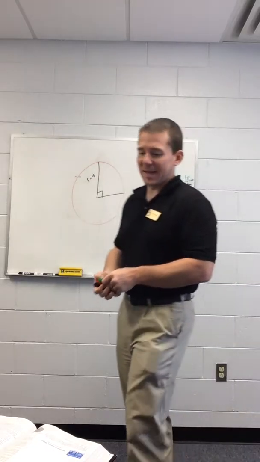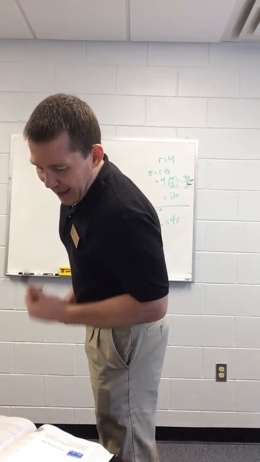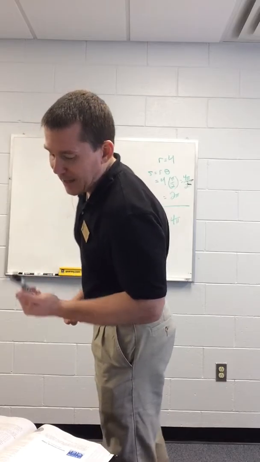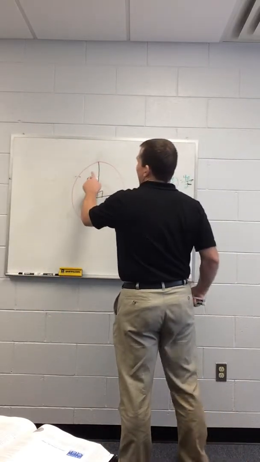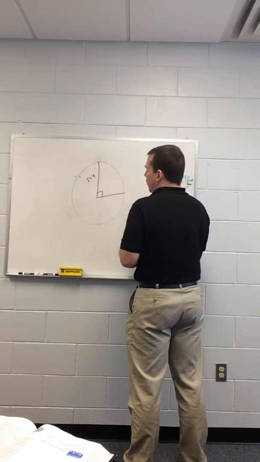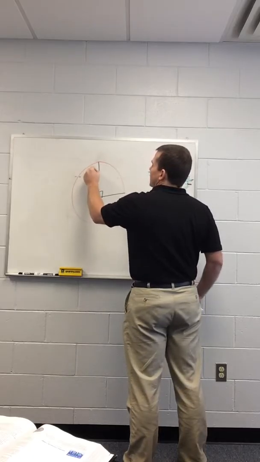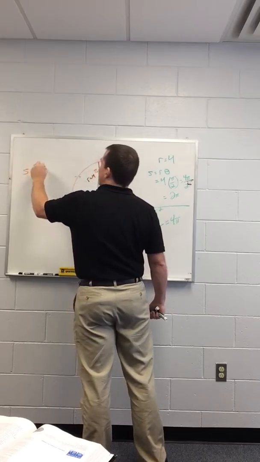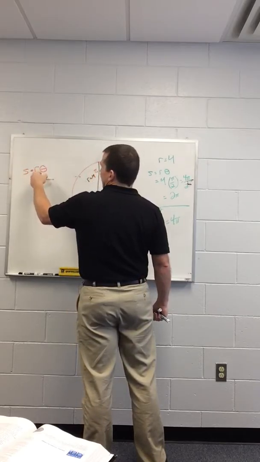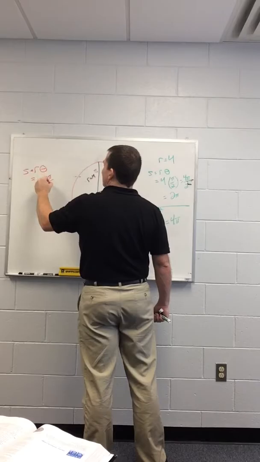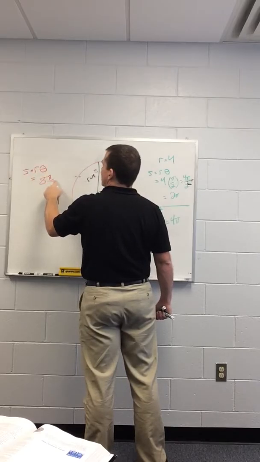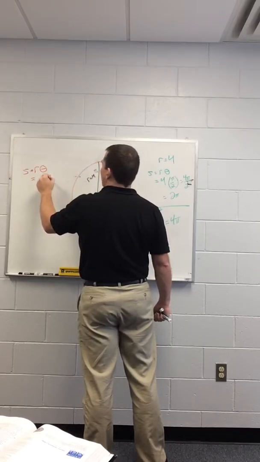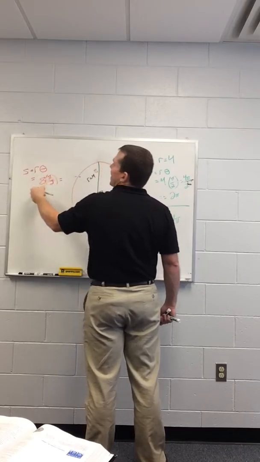Now do what the problem says. If the angle is held constant, but the radius is doubled, so okay, now pretend my radius, instead of being 4, is 8. What happens? Well, S is r theta. Now it's 8, my radius, times theta, which is pi over 2. Pi over 2, my bad.